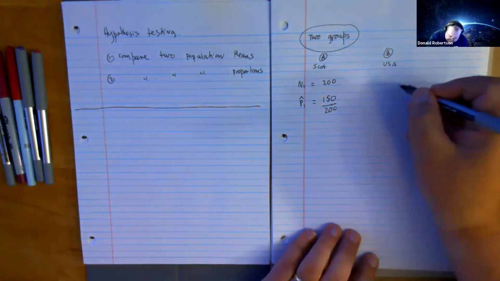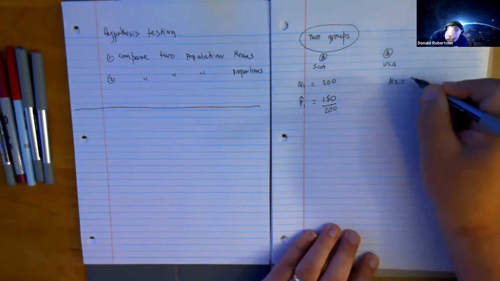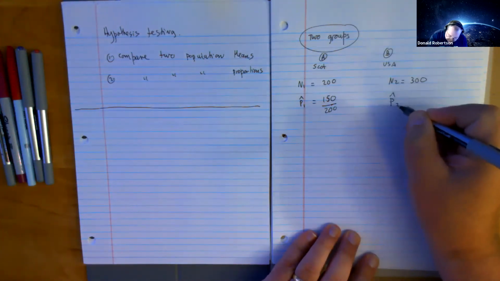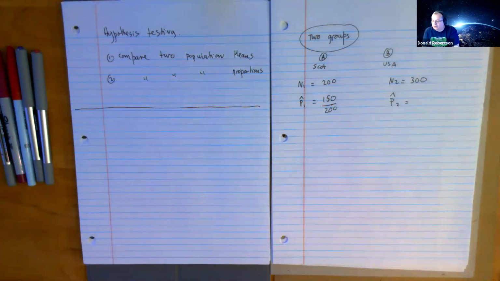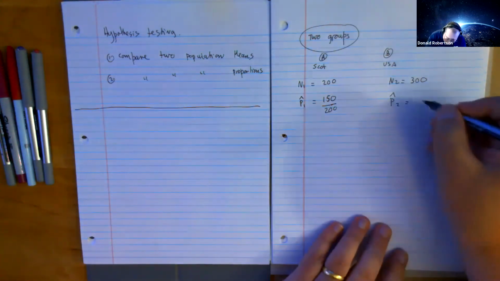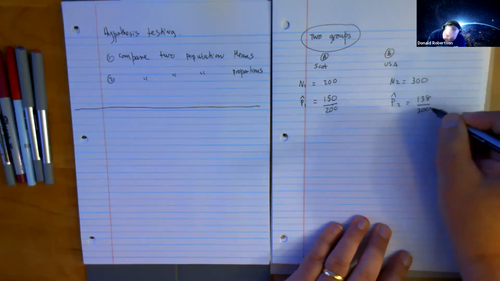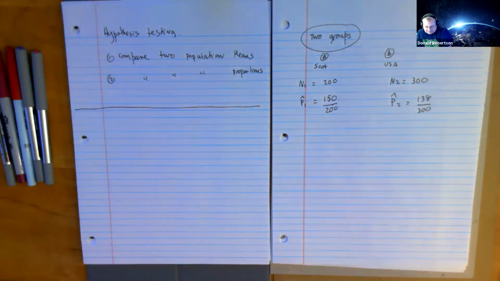And then they get a different group of Americans, and for whatever reason there are 300 of these, and they ask them, have you been to a foreign country on holiday? And 138 of them said they'd been on holiday to a foreign country.